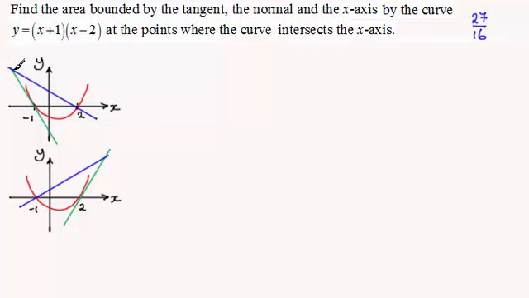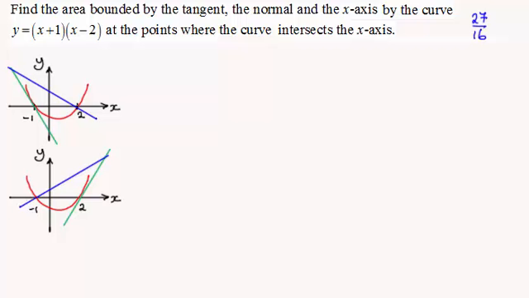And then when it comes to working out the area of the triangle, I'm just going to do half the base, being this distance here, times the vertical height. So I'll need to look at the y value here. And that should get me the answer we need, 27/16. Okay? So let's start then by taking the curve.